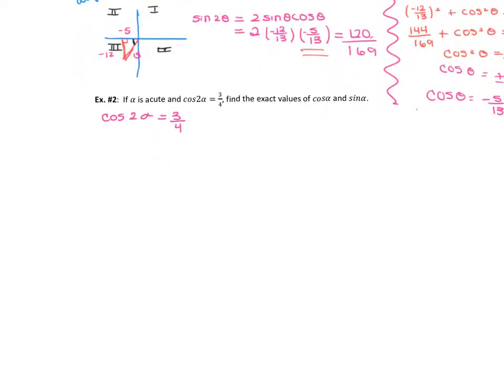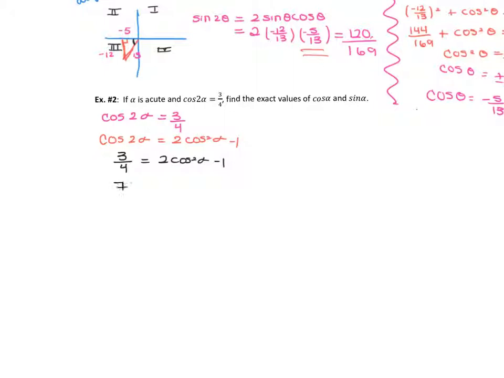All right. So cosine 2 alpha is equal to 2 cosine squared alpha minus 1. And then simply you're going to plug in what you know. You know the value of cosine 2 alpha is equal to 3/4. You're going to solve for cosine alpha.